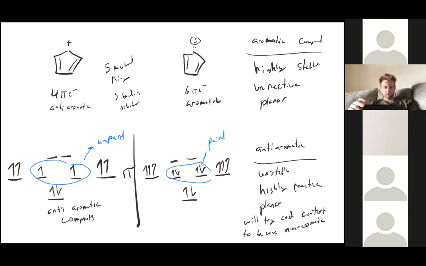So let's do one more of these Frost circles and then start talking through examples. So a 6-membered ring. Let's take benzene here. Its pi orbital bonding system is going to look like a 6-membered ring. So we're going to have 1 by itself on the bottom. These will be our 6 pi orbitals.